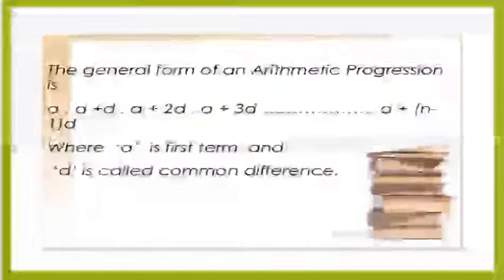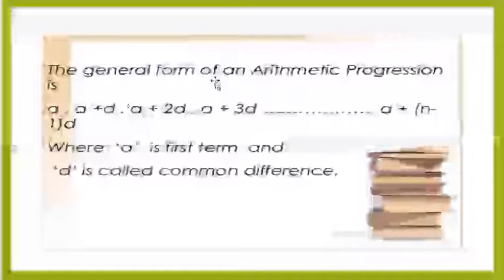Now we will see the general form of arithmetic progression: a, comma, a plus d, comma, a plus 2d, comma, a plus 3d, in this way up to a plus, in bracket, n minus 1, completed bracket, into d. This is known as the general form of arithmetic progression, where a is the first term.